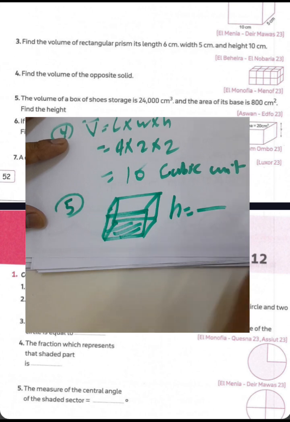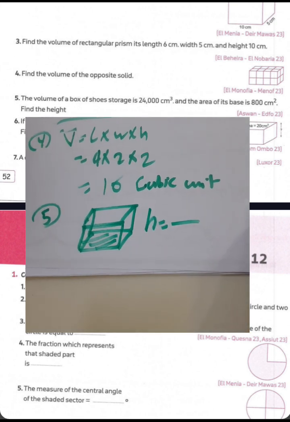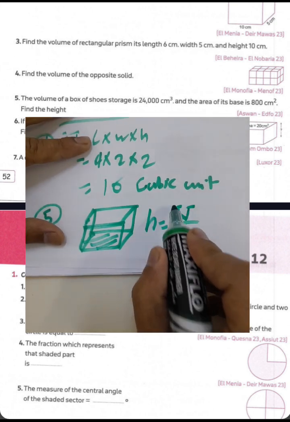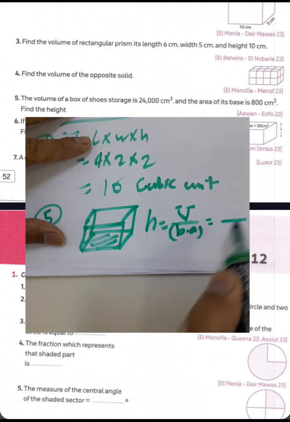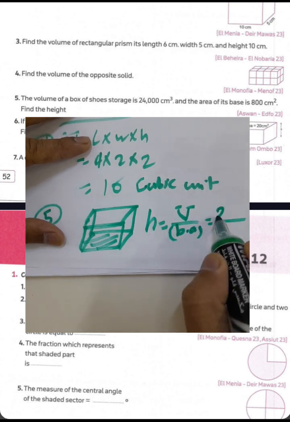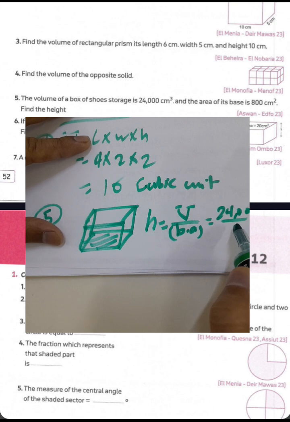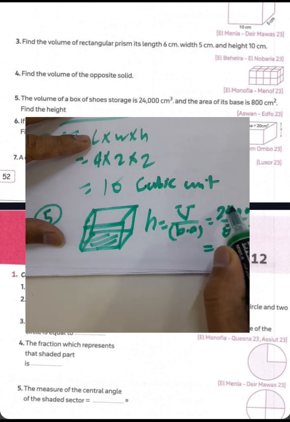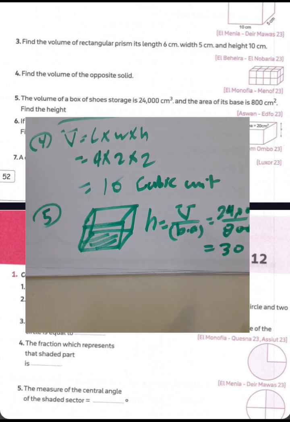To find the height, you can find volume over base area. The volume was 24,000 and base area 800. Cancel double 0 by double 0, and 24 divided by 8 equals 3, and write 0. The result will be 30 centimeters height.